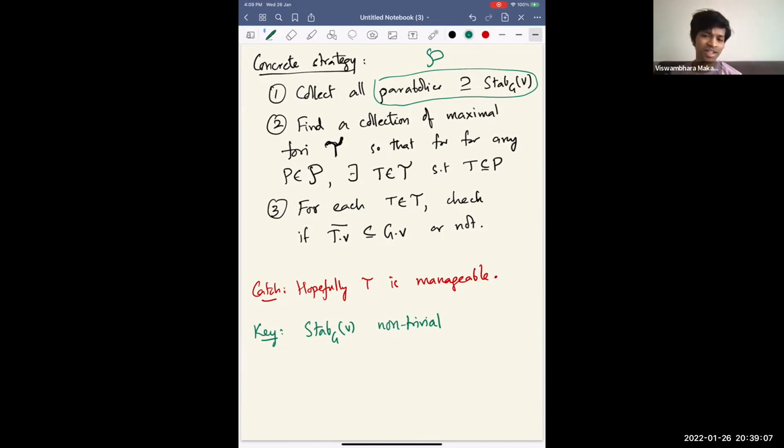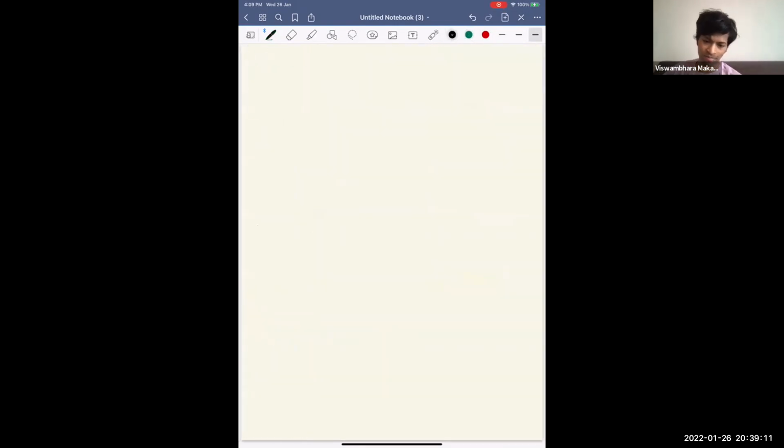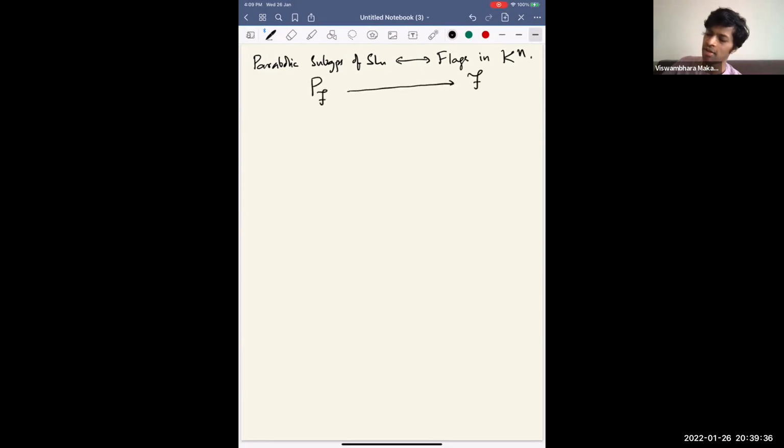So now let me tell you about these parabolics and maximal tori. These are very concrete things. I won't actually tell you what a parabolic is, but I'll tell you what it's indexed by. Parabolic subgroups of SL_n are indexed by flags in k^n. Given a flag, I will denote the corresponding parabolic by P_F.